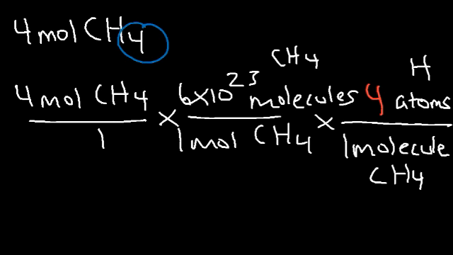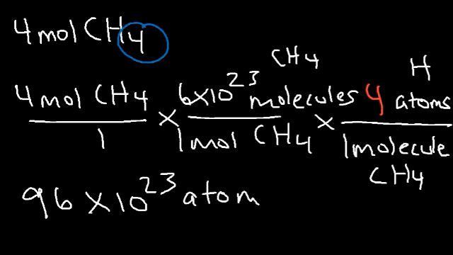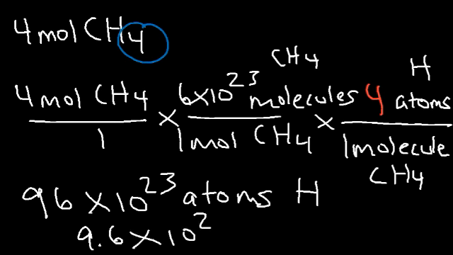So 4 times 6 is 24. 24 times 4: 20 times 4 is 80, 4 times 4 is 16. 80 and 16 is 96. So 24 times 4 is 96. So it's 96 times 10 to the 23 atoms of hydrogen, which is the same as 9.6 times 10 to the 24 atoms. So this is the answer.